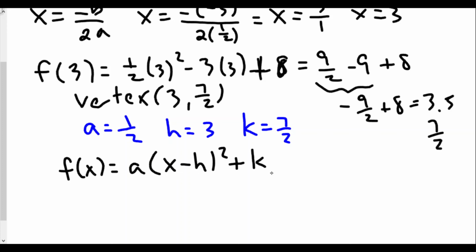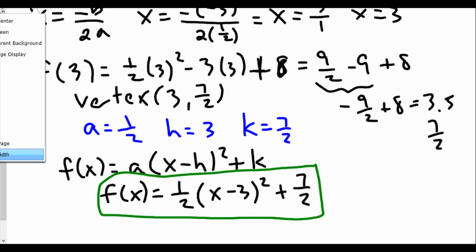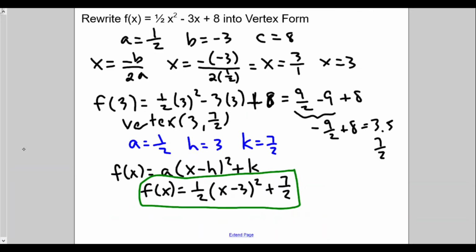We're going to only fill in the a, h, and k values, which in this case will be f of x equals 1/2 times x minus 3 squared plus 7/2. And again, this is going to be the vertex form of the same function up top. Okay?